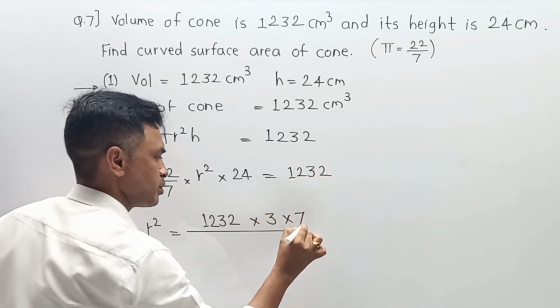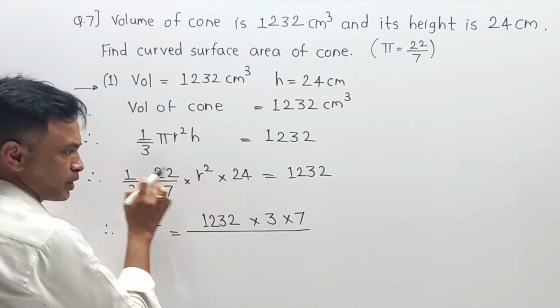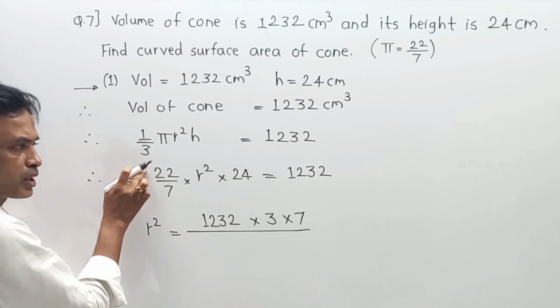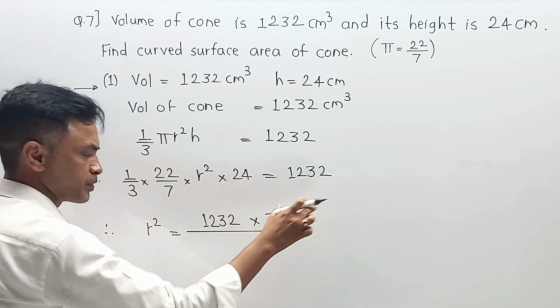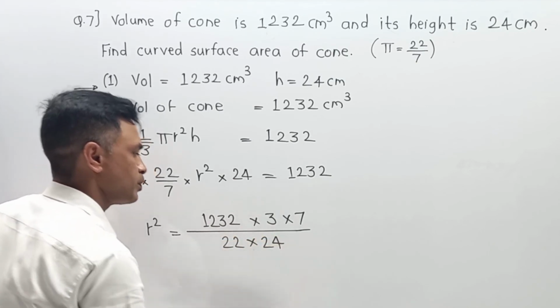Next, the values 22 and 24 are in the numerator because 1 doesn't affect any calculation. 22 into 24, shifting it over here, goes as a divided by 22 into 24.